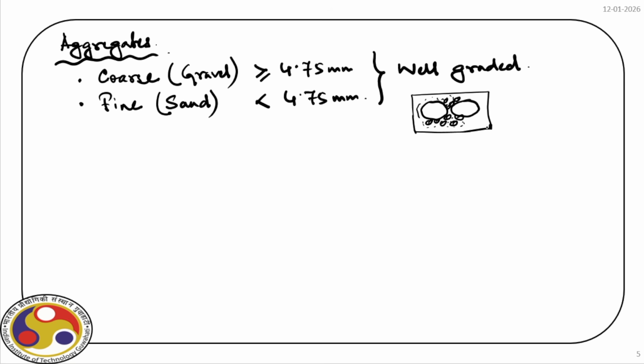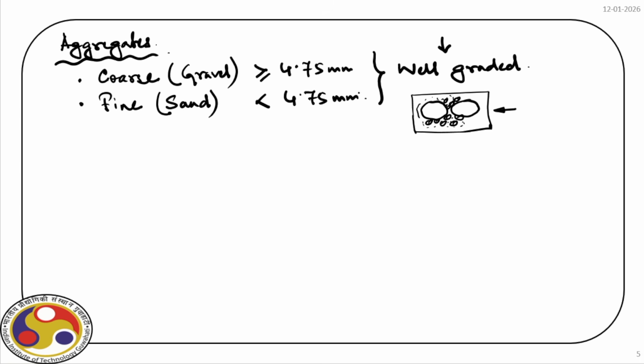They form actually the binding material between these different gravels or different aggregates. Together they form cement concrete. Okay, so that's the logic, and that's the reason it must be very well graded.